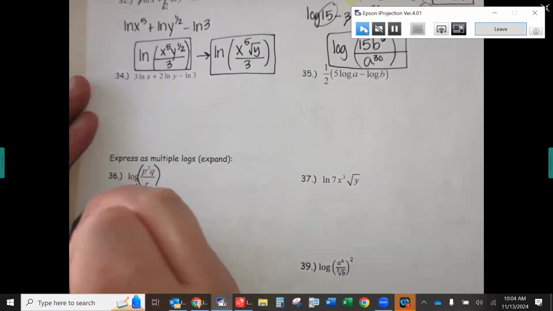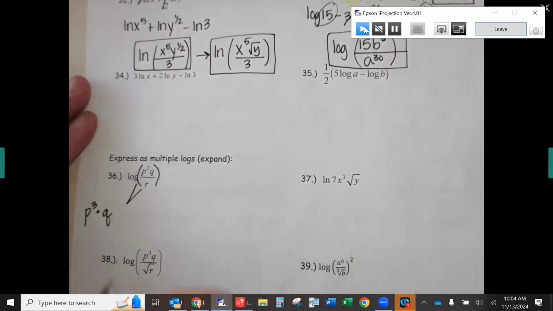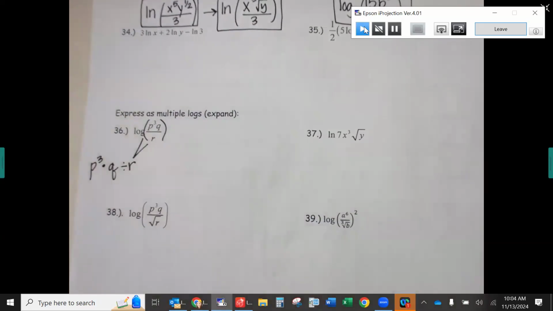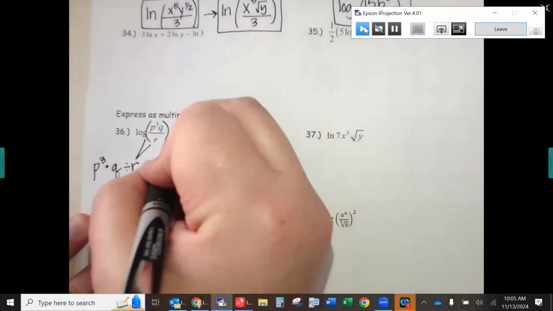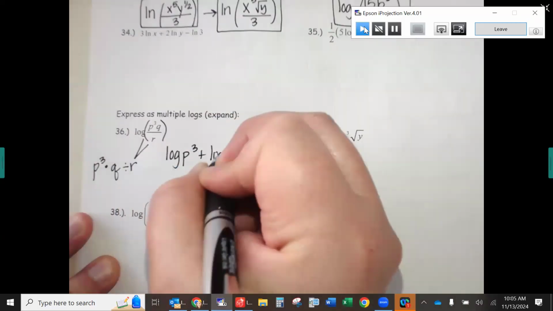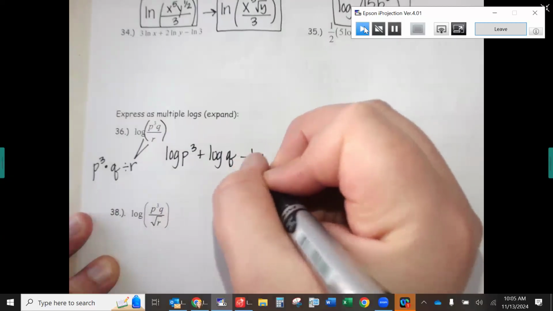So my P^3 and my Q are multiplied, but my R is divided. And so you want to think about them all as individuals so that when I split them, we know if we're adding or subtracting those pieces. So this would be log P^3 plus log Q and then minus log R.